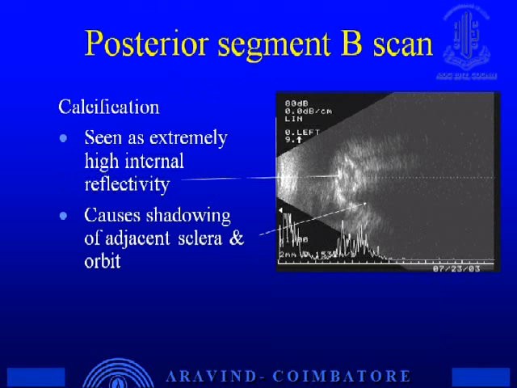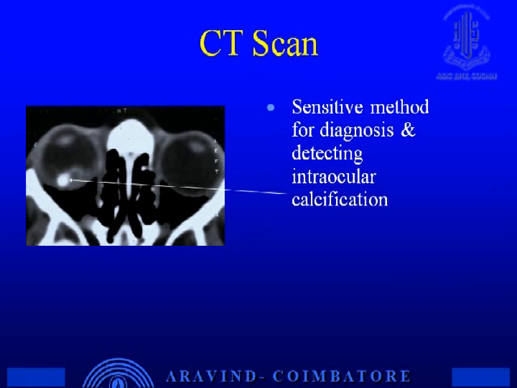The posterior segment B scan will show calcification, which is seen as extremely high internal reflectivity, causing shadowing of the adjacent sclera. Also, CT scan is a sensitive method for detecting intraocular calcification, but one should exert caution and not subject these children to too many CT scans.